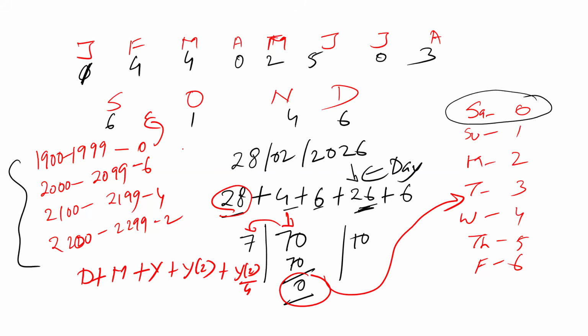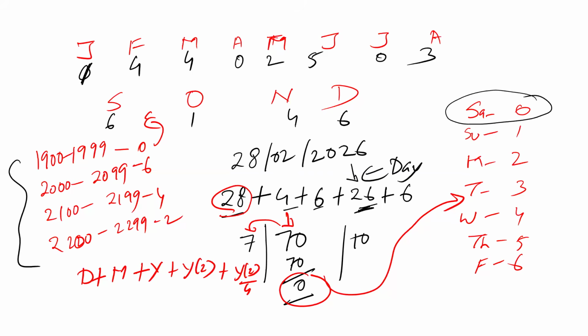First, you write down these codes. I'll show you one more question. First, everyone write down the month code, year code, and day codes. What does 2026 mean? I have taken the example of today's date to find the answer.